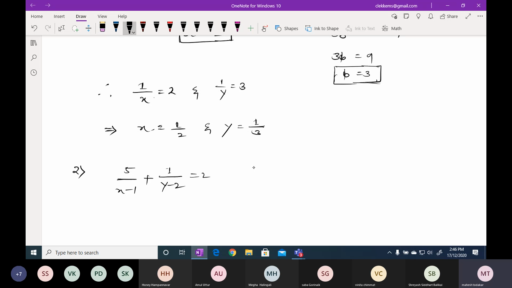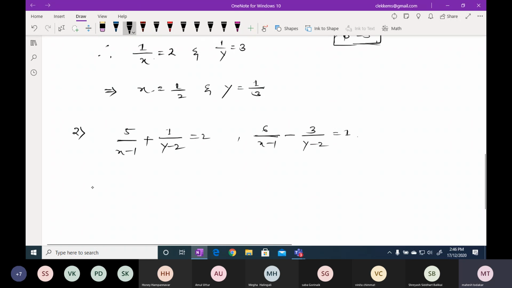Okay. Now one more equation, 6 by x minus 1 minus 3 by y minus 2 is equal to 1.